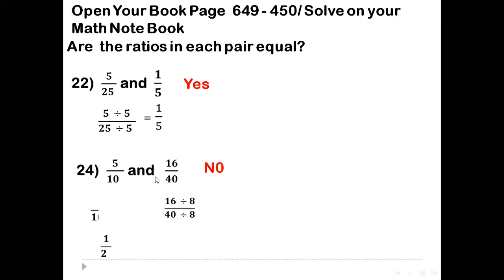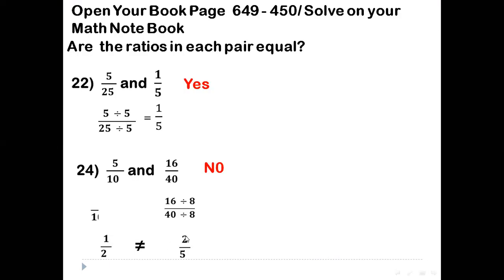And here, the simplest form of 16 over 40. 16 divided by 8 is 2. 40 divided by 8 is 5. So look, 1 over 2 and 2 over 5 are not equal. So they are not performing a proportion.